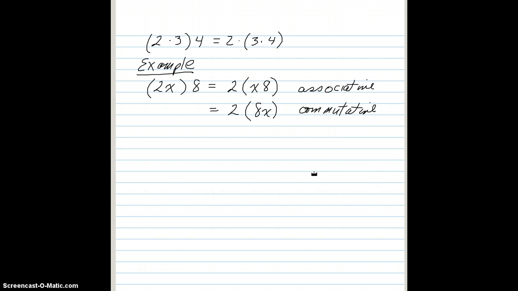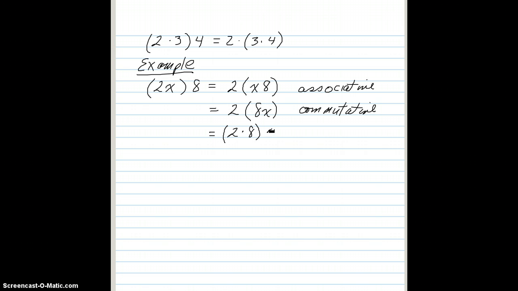Associative is kind of like going to a party and deciding which group you're going to associate with. We form things into different groupings. Commutative is just a matter of going back and forth, either writing it x times 8 or 8 times x. But then I can reassociate these, and I can say, well, this is 2 times 8 times x.